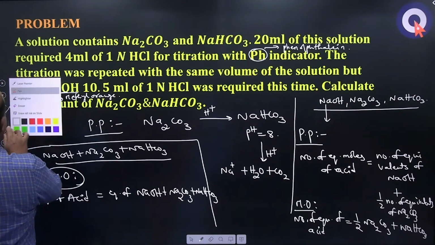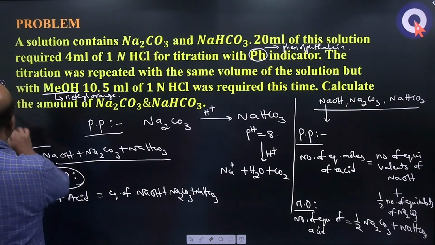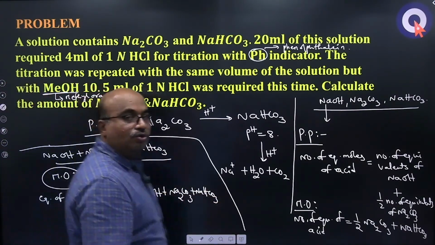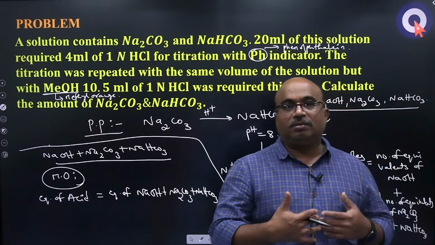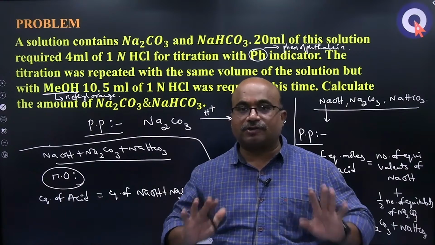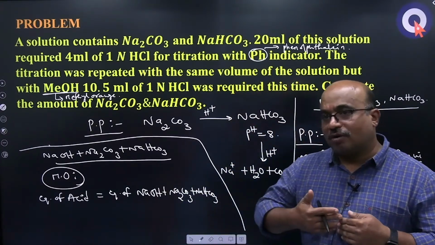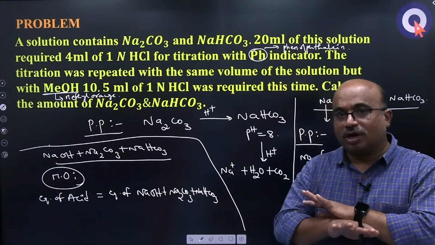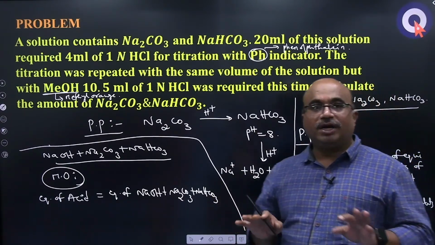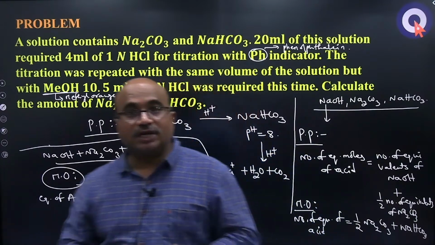Clear? All has to neutralize until you don't see the color change, because methyl orange works around the 3.5 to 5.5 range. So when it becomes around 3.5, all the bases, like sodium hydroxide, sodium carbonate and sodium bicarbonate, everything gets neutralized.